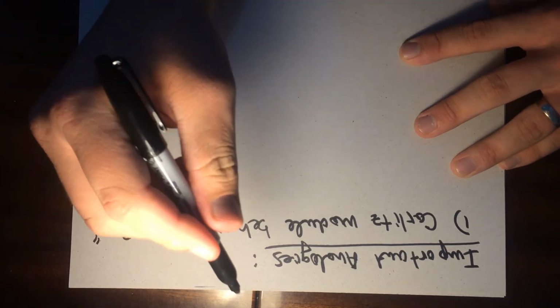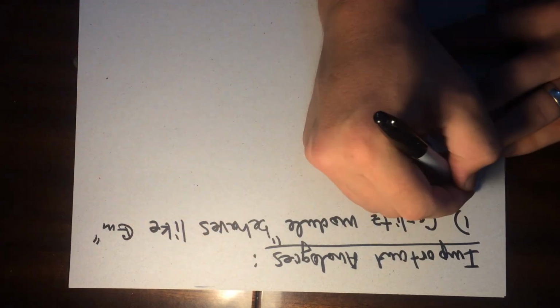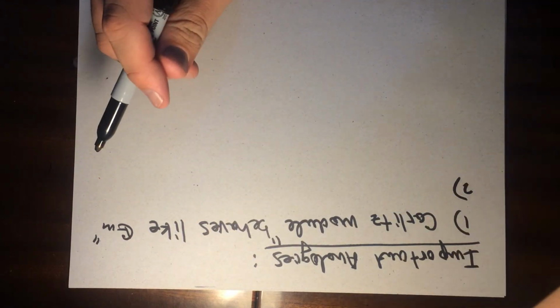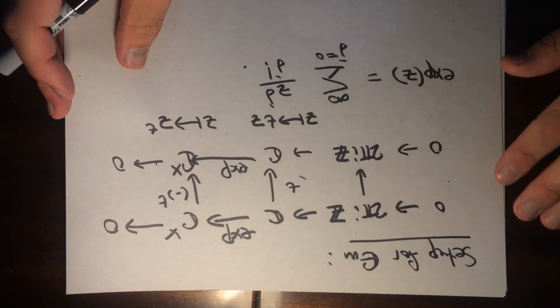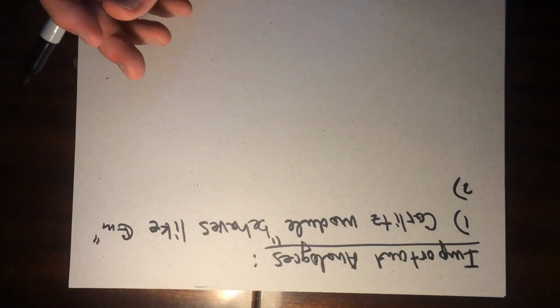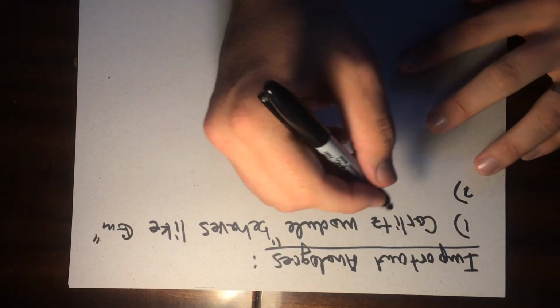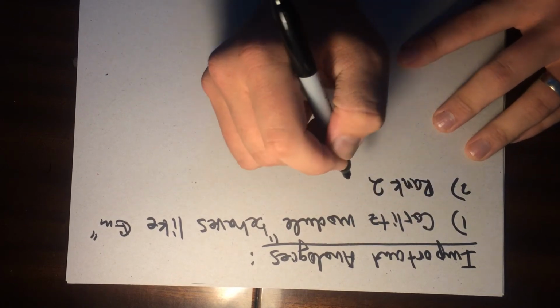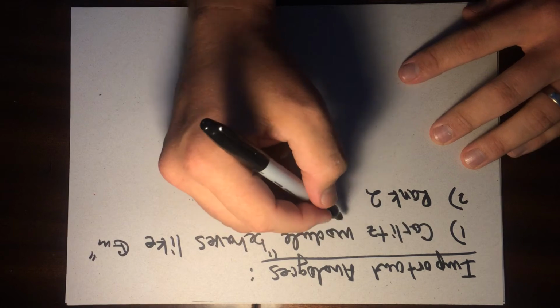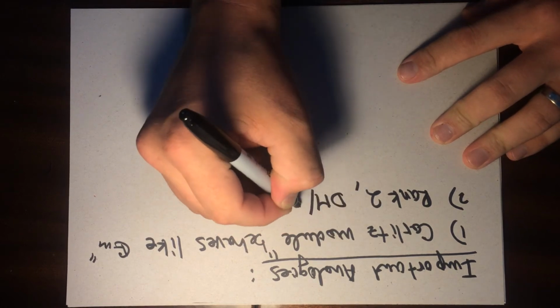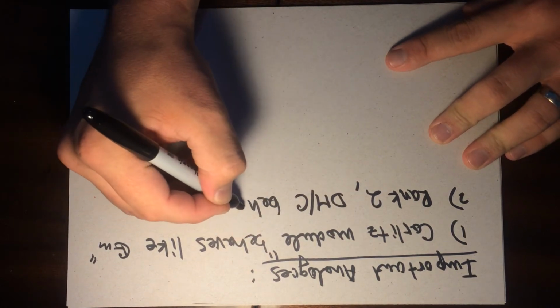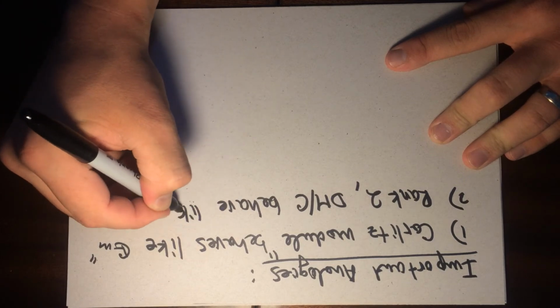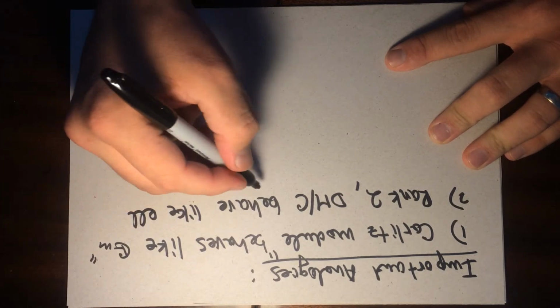So the diagram before is, okay, I'm just going to say that without specifying. And then rank 2 Drinfeld modules behave like elliptic curves.